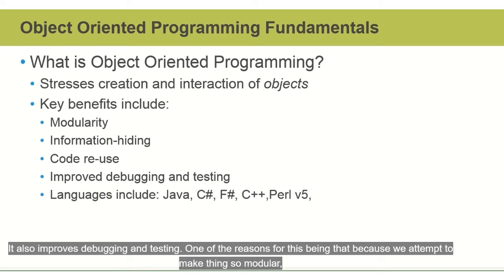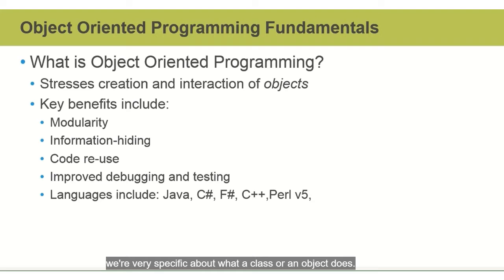One of the reasons for this being that because we attempt to make things so modular, we're very specific about what a class or an object does. So for instance, we would create an object to say represent a shirt in a store. If we have any issues with that shirt object, well, we know that the information or the definition for that shirt is contained in one place.